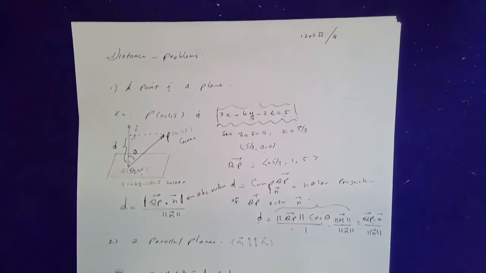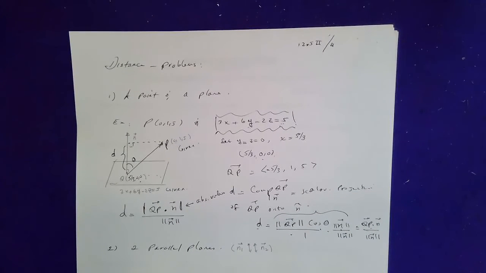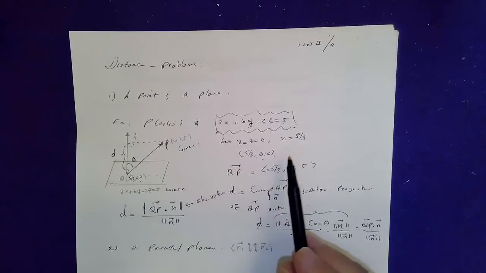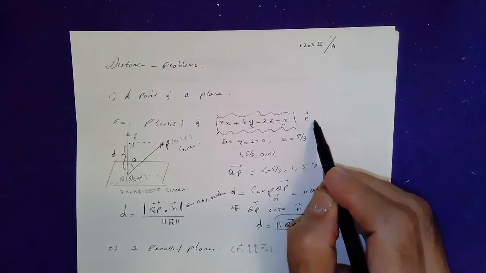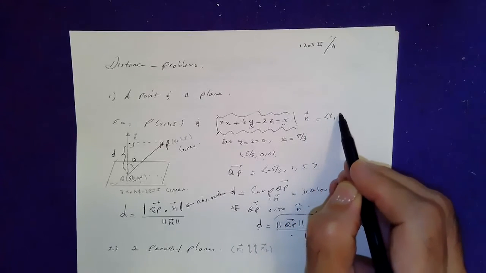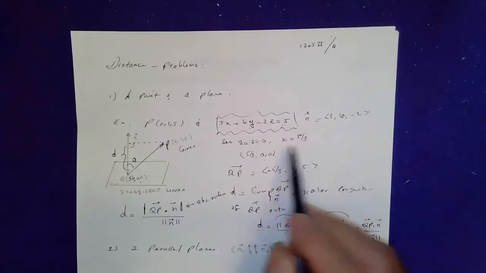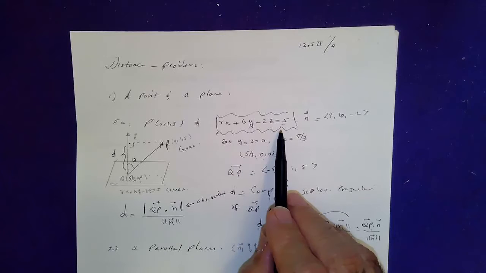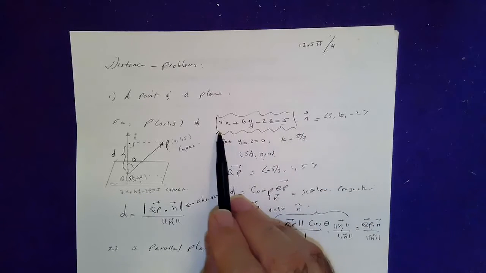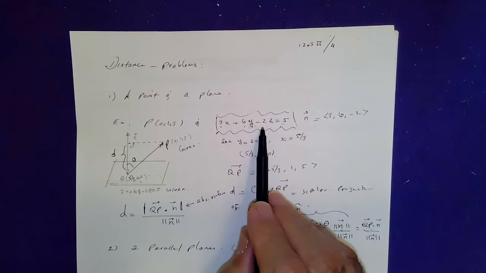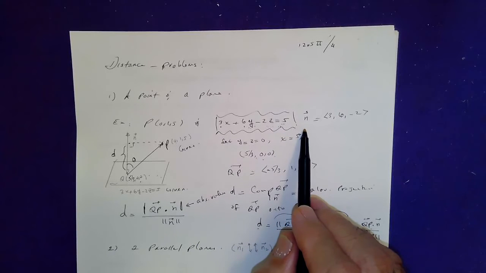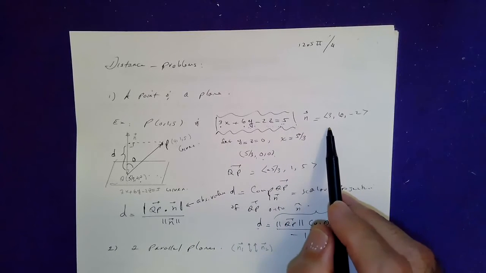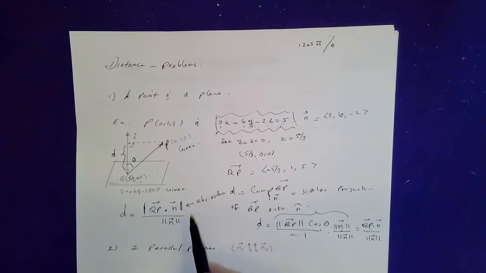All right, to make the long story short, I got this. N is right here by inspection. I can tell N is what? (3, 6, -2). Remember the way we find the components of the normal vector, we take the coefficients of x and y and z in the equation of a plane. Do you see it? Take the dot product and take its absolute value.